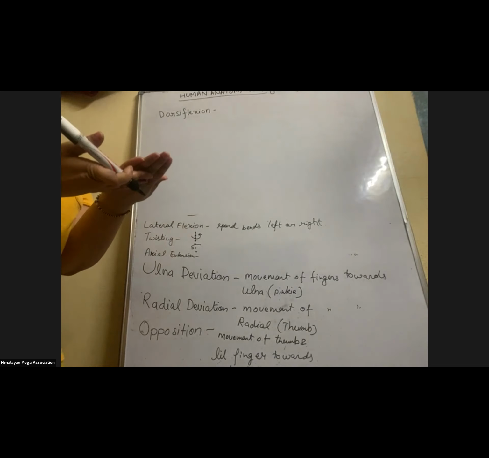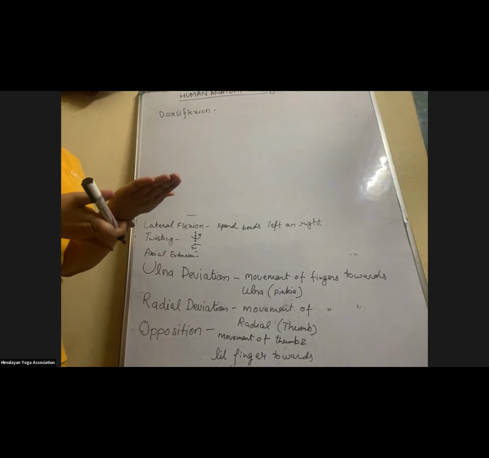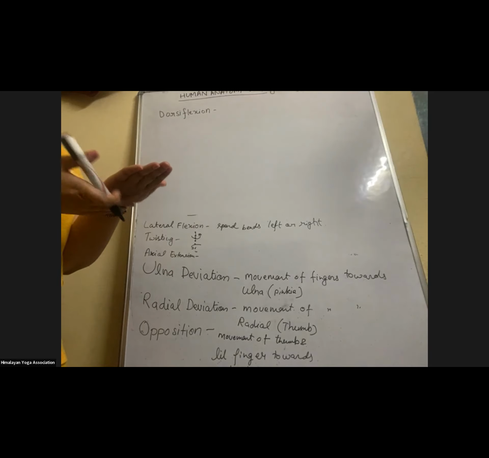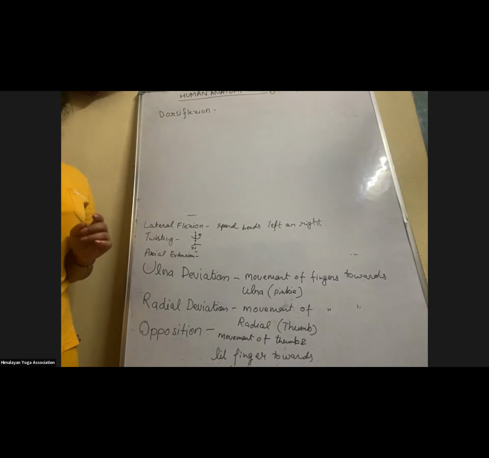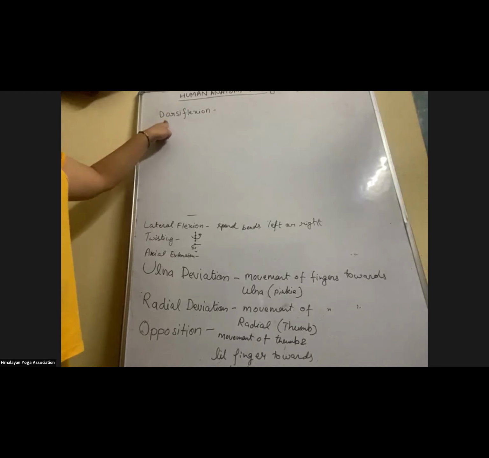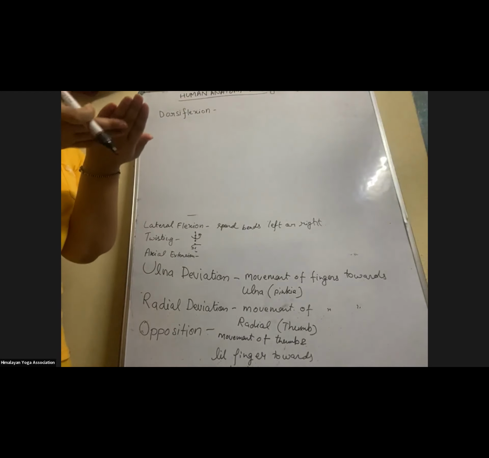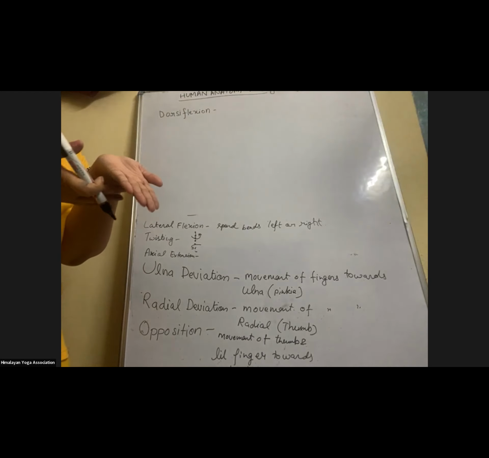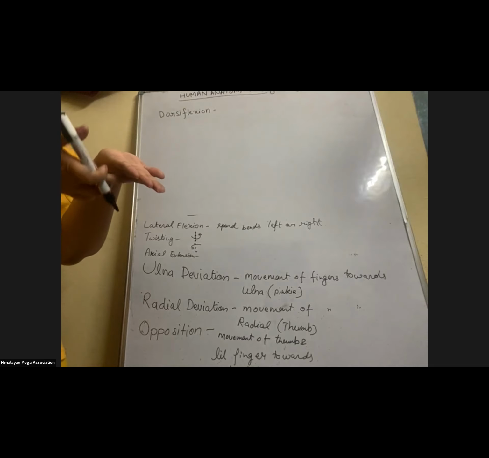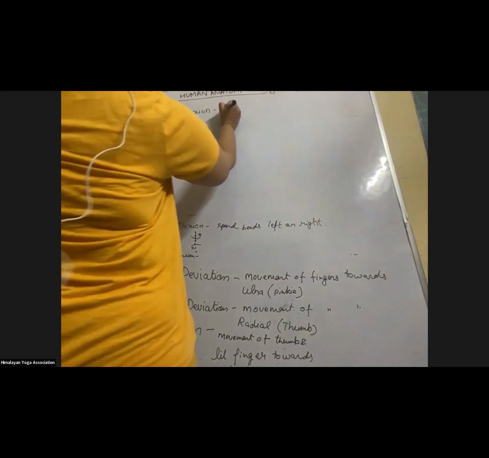You see, this is the dorsal side. Flexion is when the angle between two bones is reduced. So dorsiflexion is dorsal flexion when the angle is reducing. It is also called wrist extension.